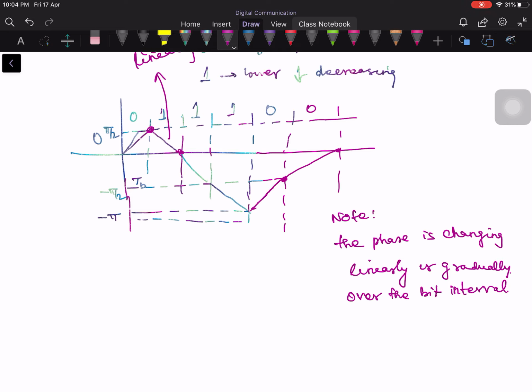Therefore, the MSK waveform can be interpreted as an FSK waveform.